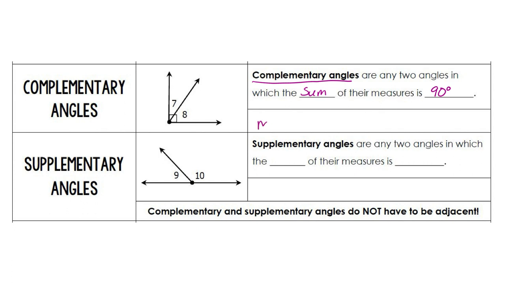So the measure of angle 7 plus the measure of angle 8 equals 90 degrees. You can see that right here. But notice how they gave me a little square box right here, okay? That tells me those two are going to be complementary. So complementary, 90 degrees. Remember that.